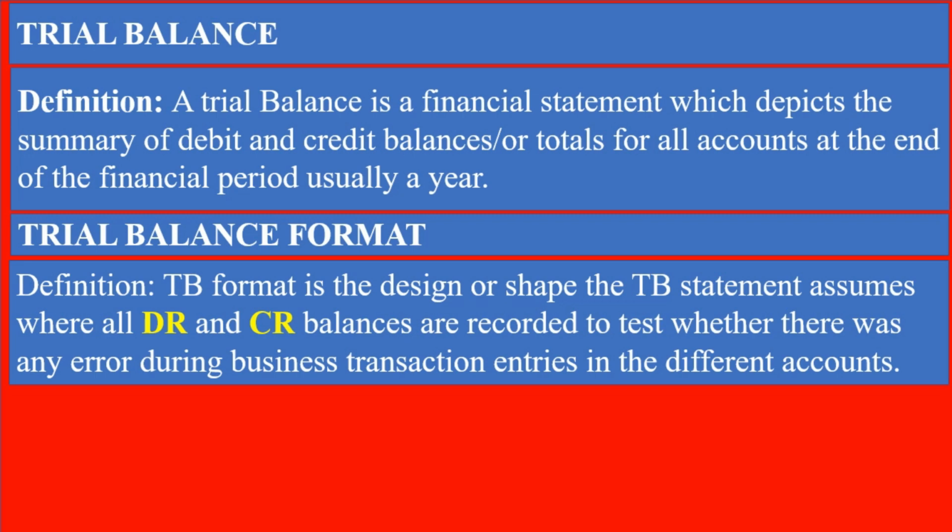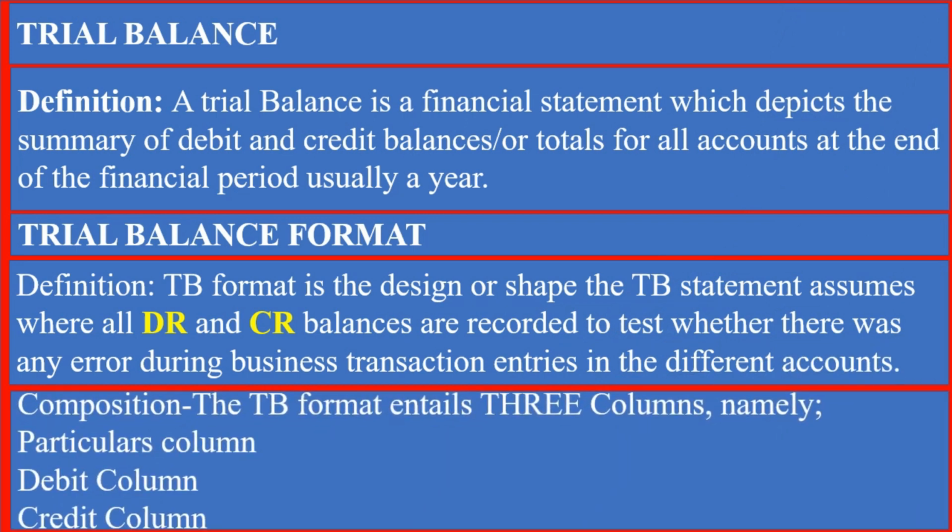Now, a trial balance format is a design or shape the TB statement assumes where all debit and credit balances are recorded to test whether there were any errors during business transaction entries in the different ledger accounts.